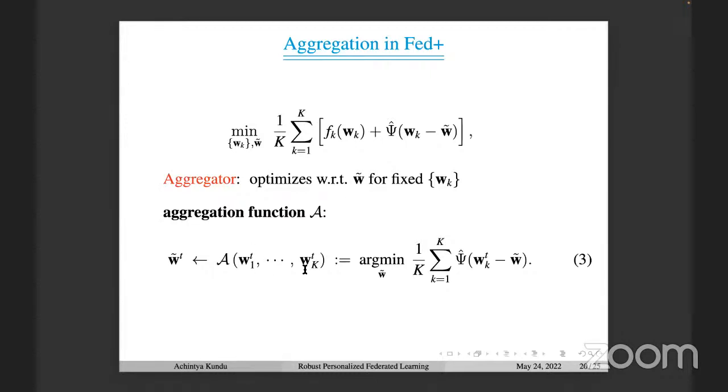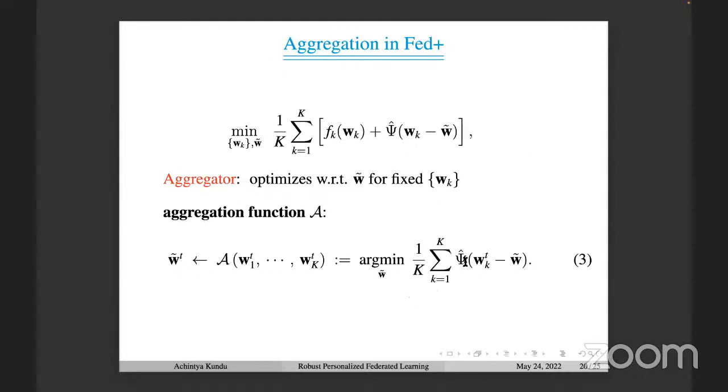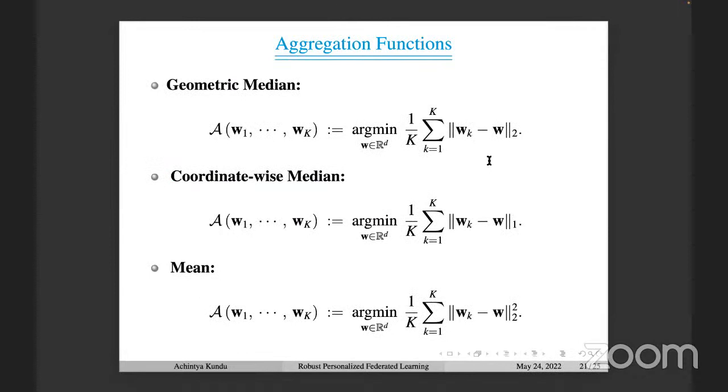This is defined completely in terms of the psi function that somebody chooses. And earlier, if we recall the definitions of these various measures of aggregation, geometric median, coordinate-wise median, and mean, you see exactly the same kind of structure, where the psi cap is replaced by a different norm or the squared norm.